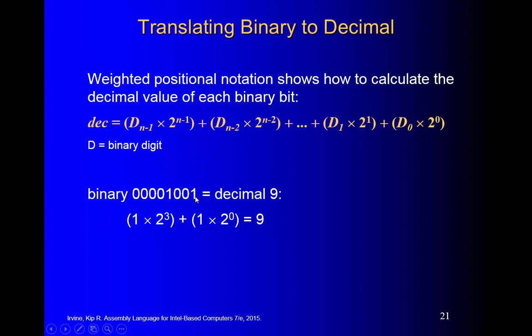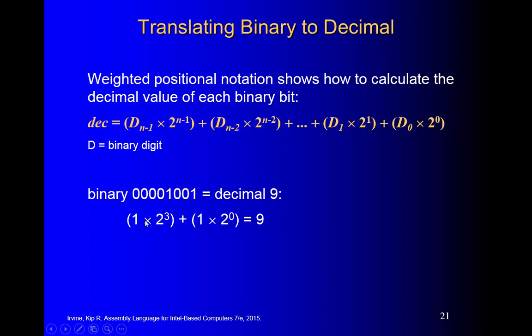The first D is 0, so 0 times 2 to the 7th power goes to 0. The second D is 0, that means 0 times 2 to the 6th power. This is all 0. So your first 4 terms here will be 0 until you reach this one.